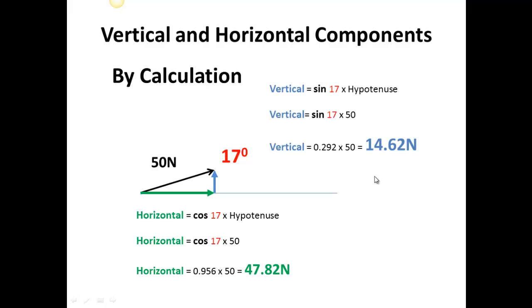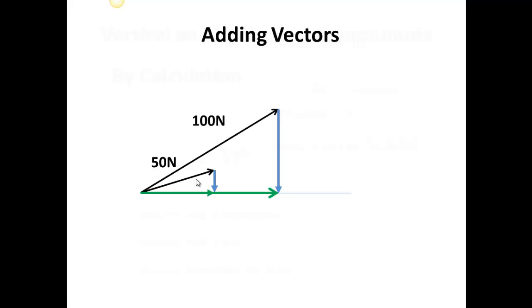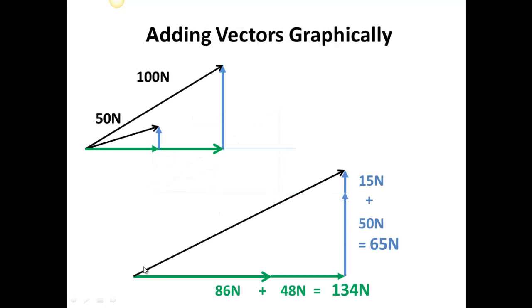Now what we're going to do with the two answers from the two vectors that we've got, 100 newtons and 50 newtons, is add these two components. Graphically, we can take this length and then draw the second length on, and then we can go up this blue and this blue, add those together, and then we can draw this in and measure this distance.